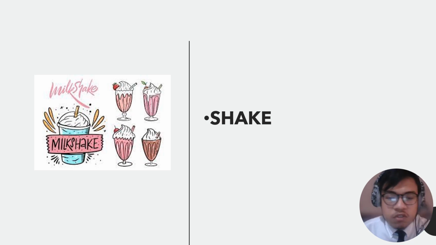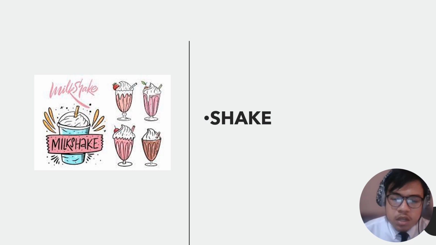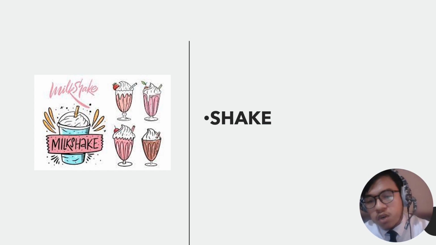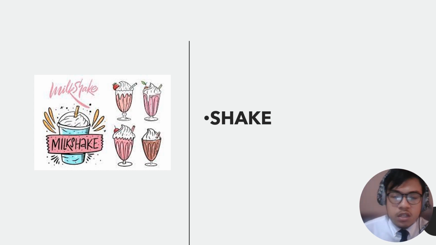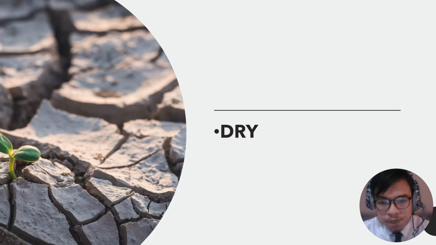Maybe a scrambled egg with a milkshake, or pancakes with a milkshake. But in another case you shake the food coloring with the oil or with the water. It's related with the experiment you see at the moment. And this is the word shake. Okay, the next word, the one before the final, is dry.